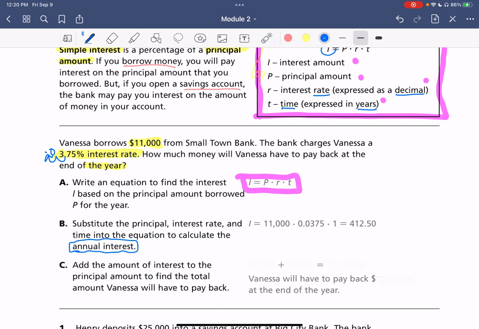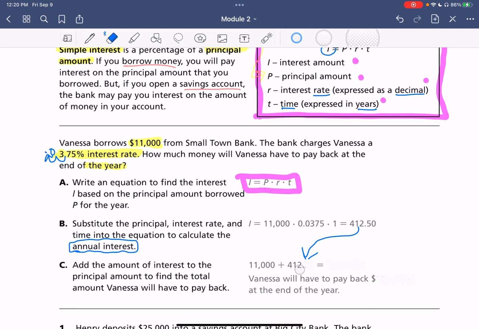Now we have to add the interest to the principal amount, so that's what we have here, to the principal amount. Let's do our 11,000 first, and then we'll add in our interest.